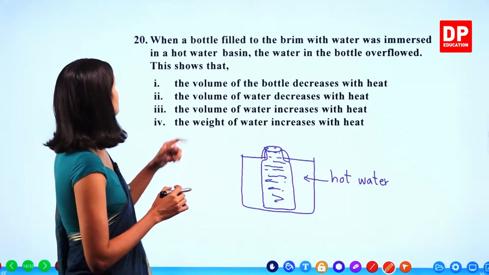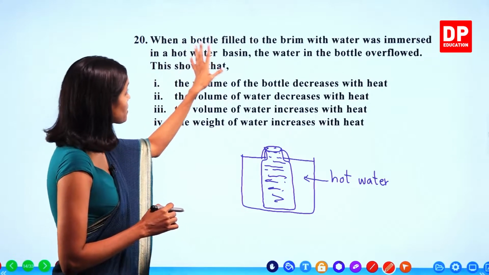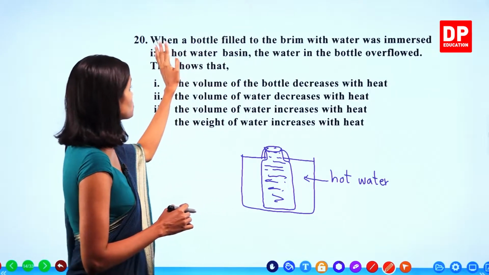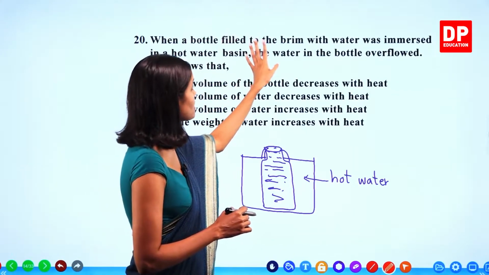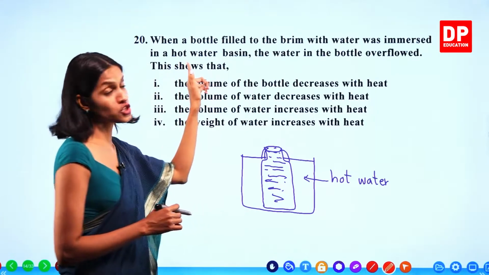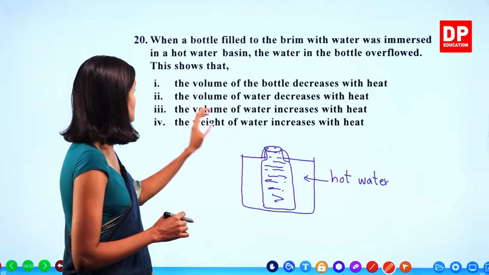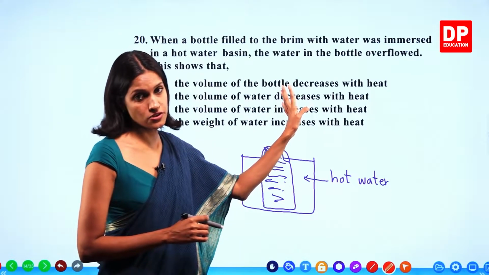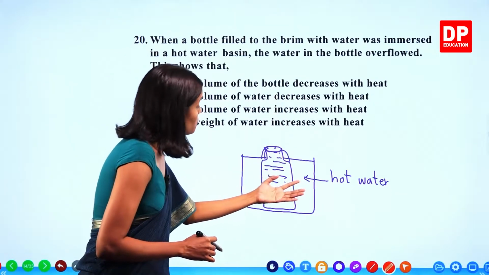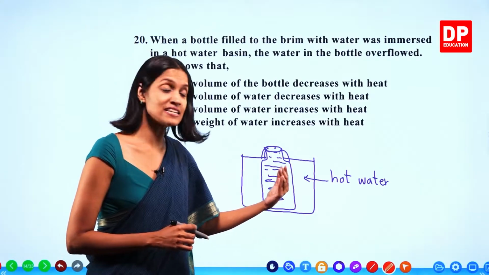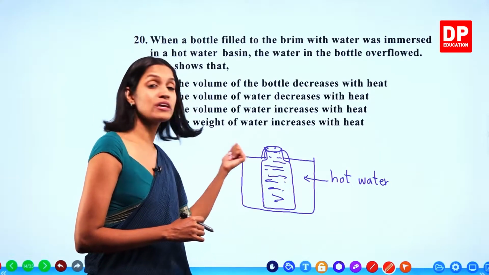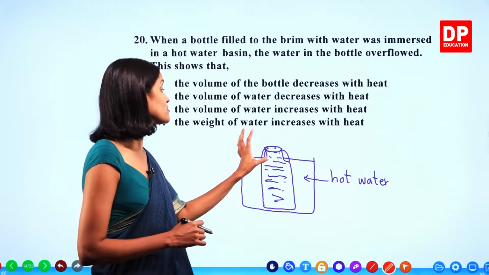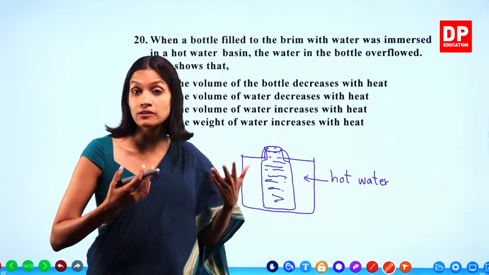Okay, children? So when a bottle filled to the brim with water was immersed in a hot water basin, the water in the bottle overflowed. This shows that, what is the reason? The volume of the bottle decreases with heat. No. Right? When solids, liquids, gases absorb heat, what will happen, children? Because of absorption of heat, the volume increases.